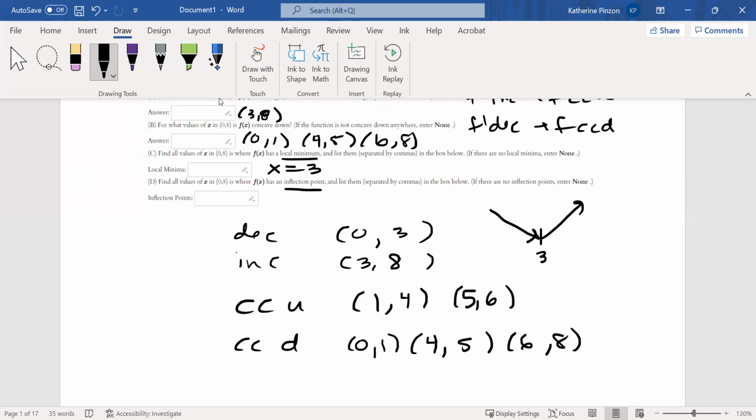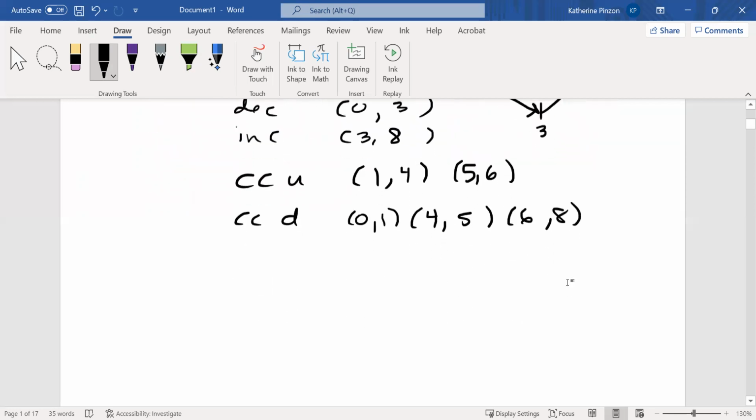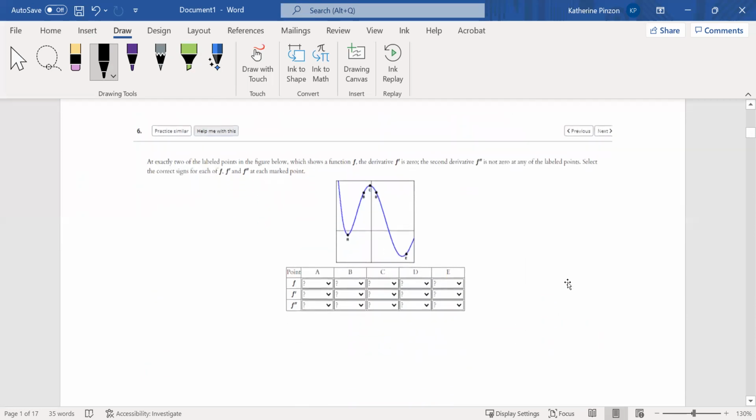So at 1, at 4, at 5, and at 6. Concavity changes. Okay. That was number 7.